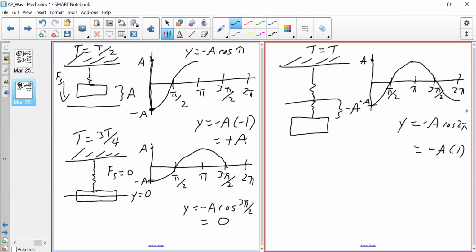So that's a full period of time T. A wavelength is just a distance between the same two points, or the distance between the same starting and stopping point. So that would be a wavelength.